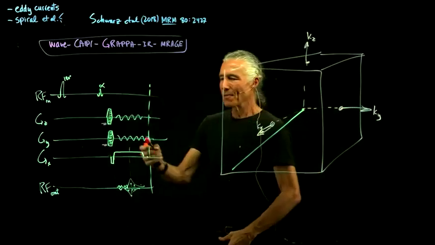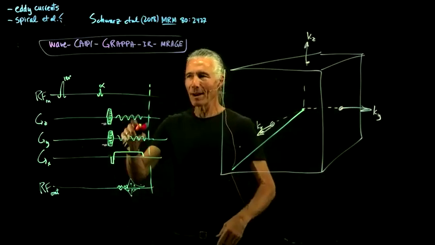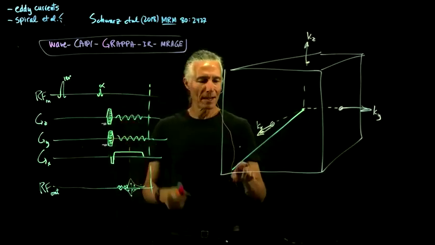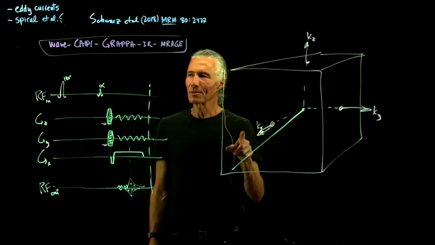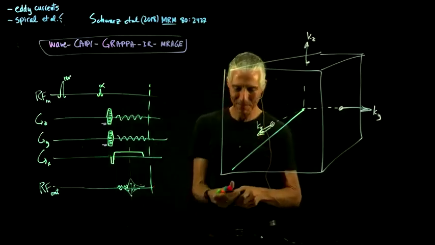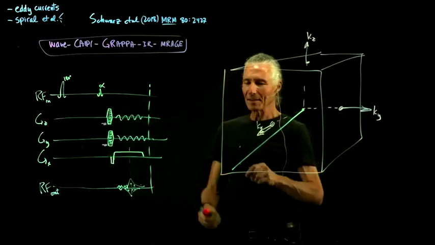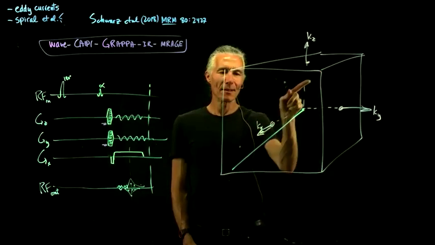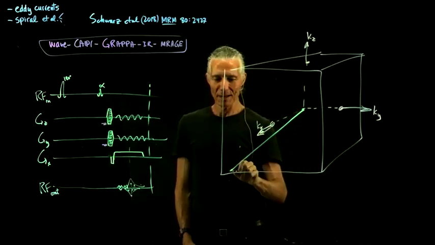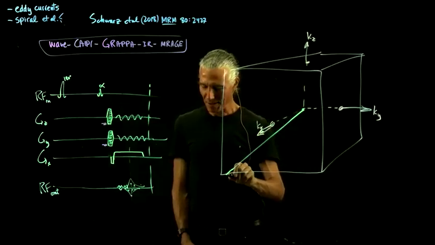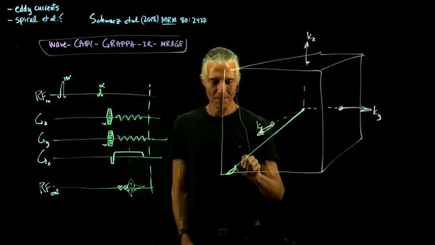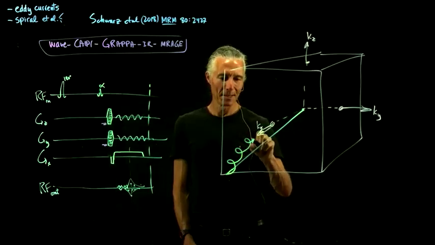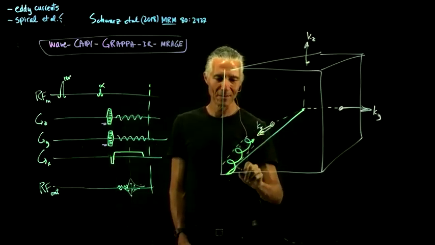And then we turn on all three gradients at once. So what are these two gradients going to do? They're going to make you go through little corkscrews in K-space. So basically, they're going to head across K-space in this direction, but in a corkscrew-like fashion, along a little tube like that through K-space.